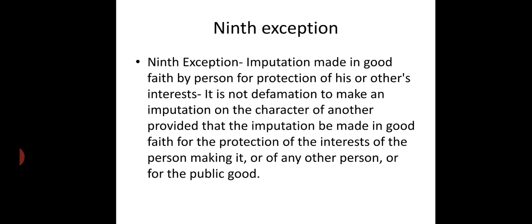It would be sufficient if communication is made to a person for the protection of one's own interest along with that of the other, or is made for public good.